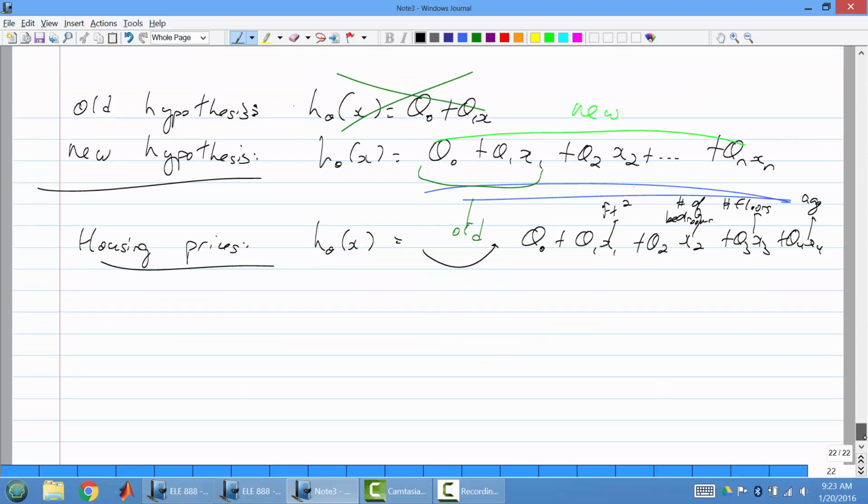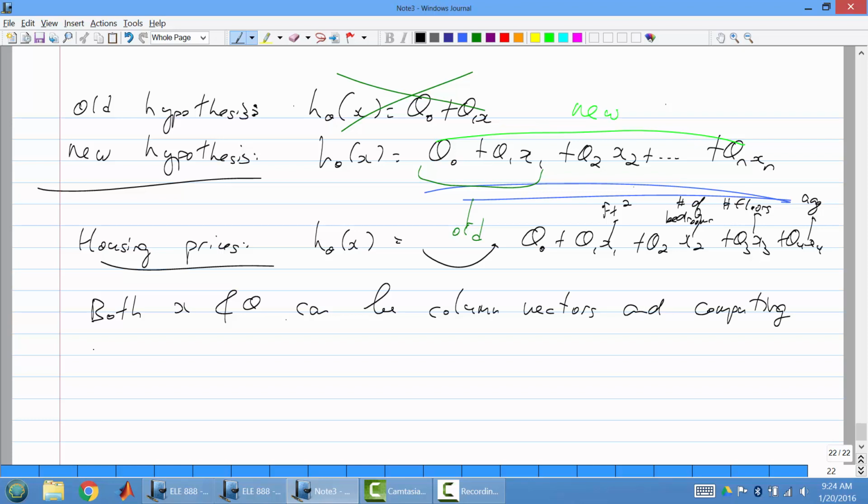So what we're going to do, proceeding from here on, is represent this with vectors, right? You can think of computing your hypothesis as a dot product between the vector x, which is the example you're looking at, and the parameters theta that you want. Both x and theta can be column vectors, and computing the hypothesis is just a dot product.